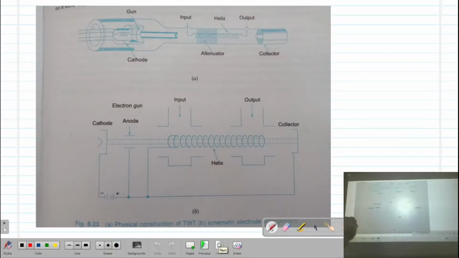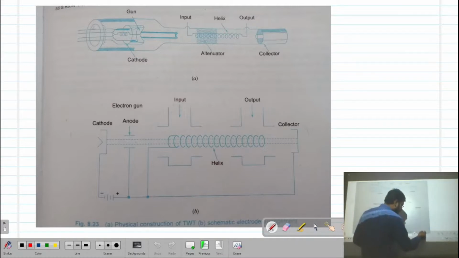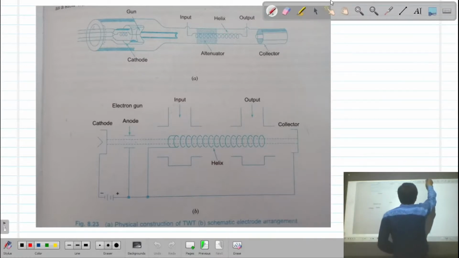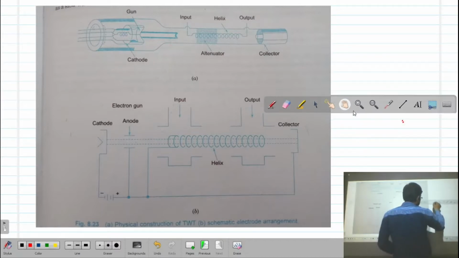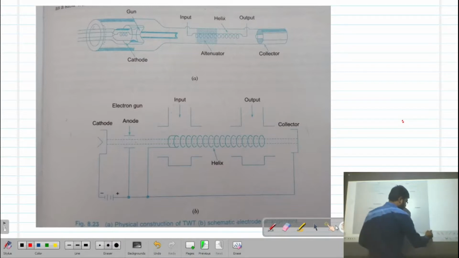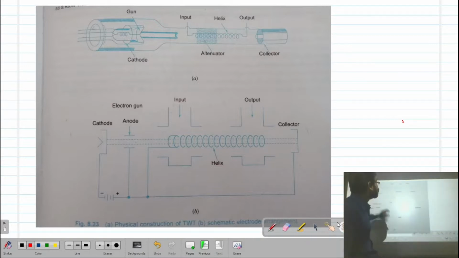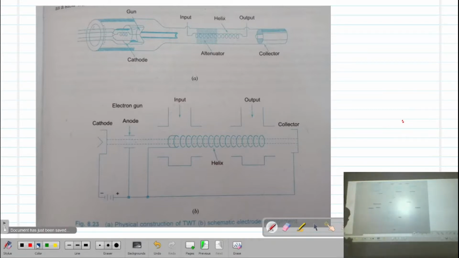The first one, figure A, is the physical construction of TWT.